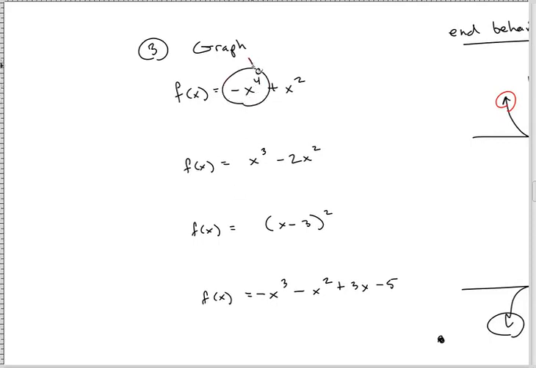I like to call him the boss. And so he's the boss here. He's going to determine what else is going on. And I want to basically say that the x squared doesn't really matter in the end about the end behavior. And so we got a negative even. And so in the end, it's going to look something kind of like this.